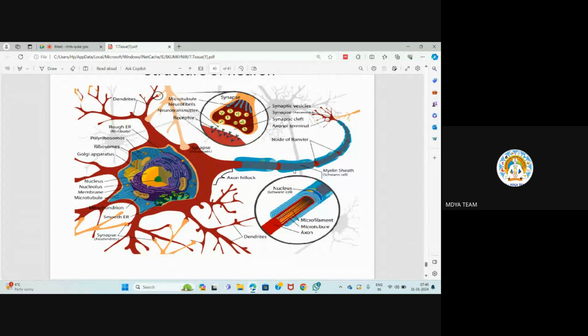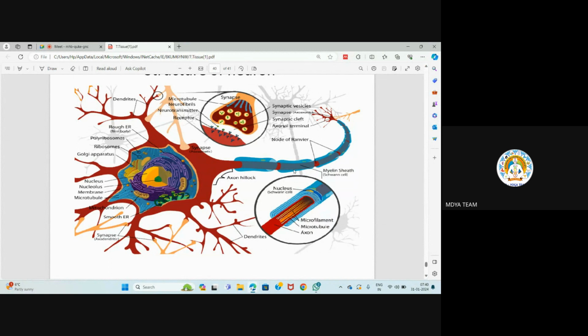And I think you know that electrical changes occur, meaning information is received and conducted in the neuron through electrical impulses.